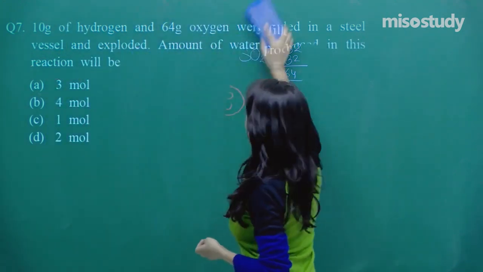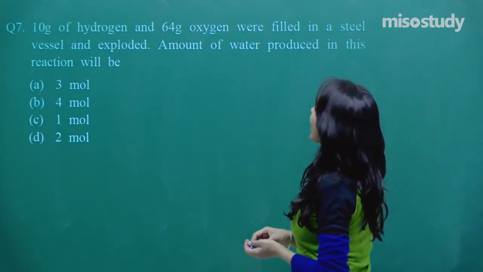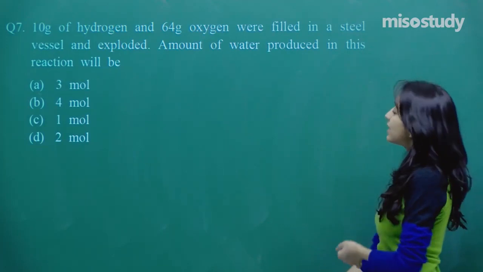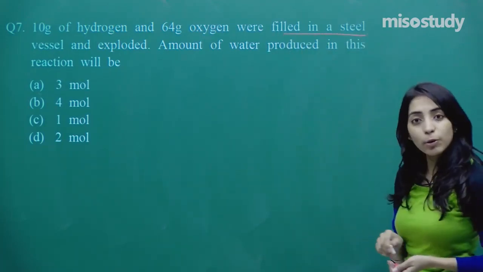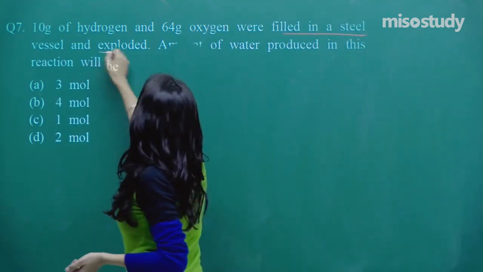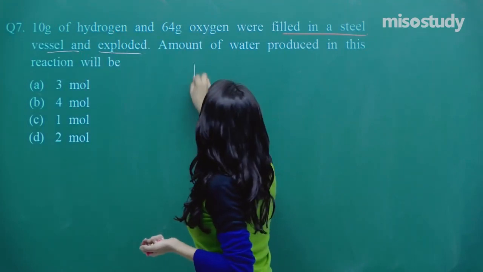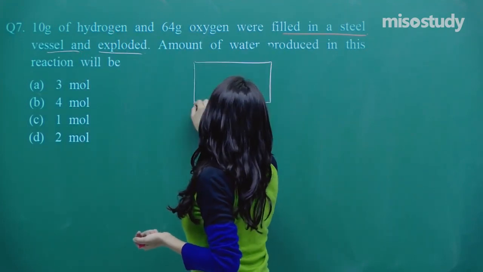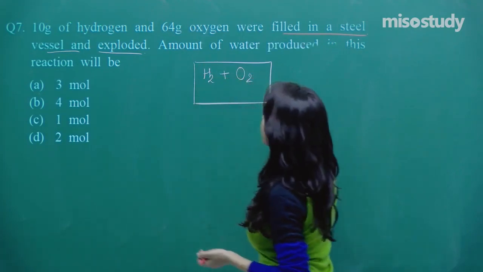Question number 7 states that 10 grams of hydrogen and 64 grams of oxygen are filled in a steel vessel and exploded. So exploded, sealed in a vessel, what you have to do? You simply have to take a container, put some molecules of hydrogen, some molecules of oxygen.